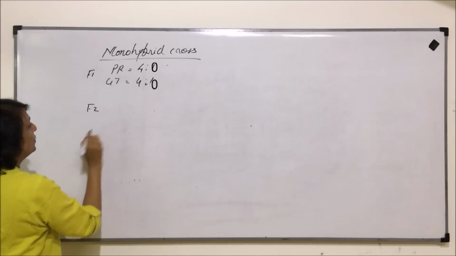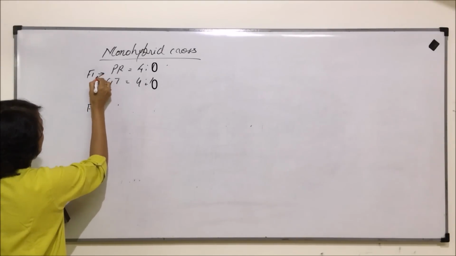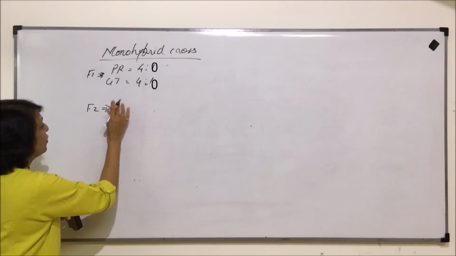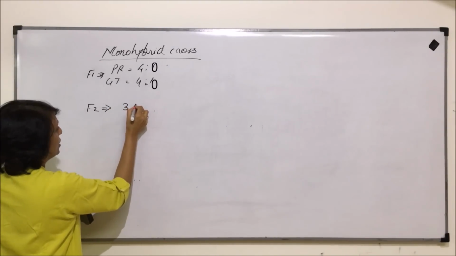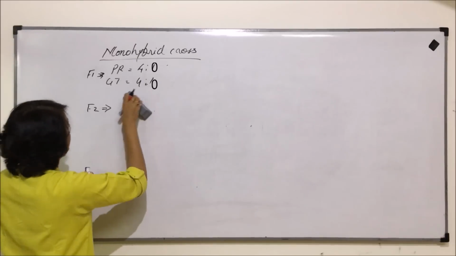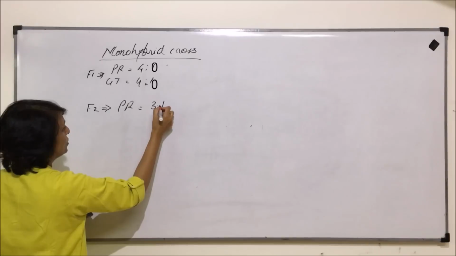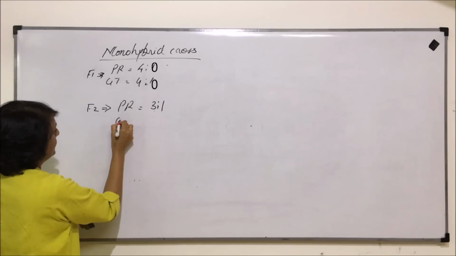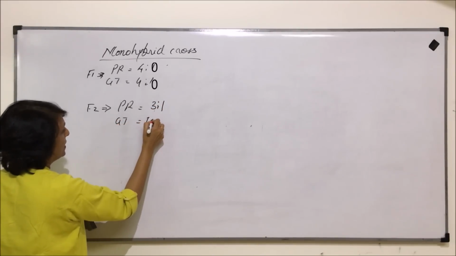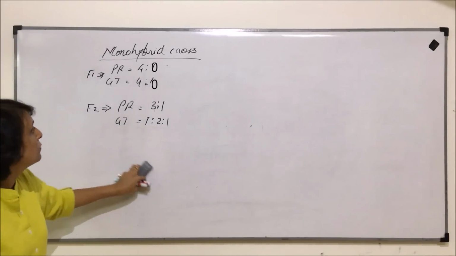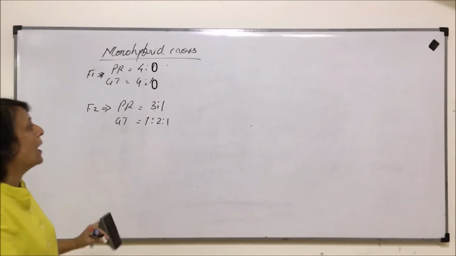In F2, the phenotype ratio, the way the offspring looked, was 3:1, and the genotype ratio was 1:2:1. This was what we got in the monohybrid cross.